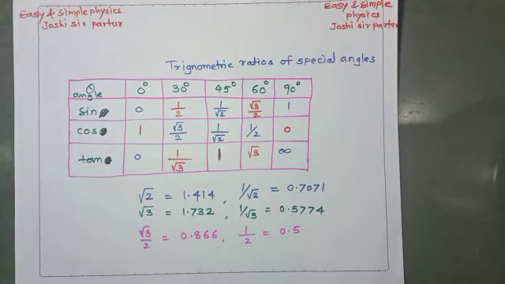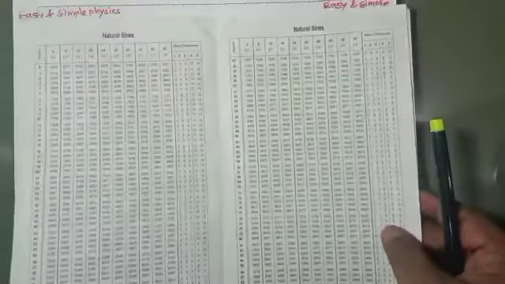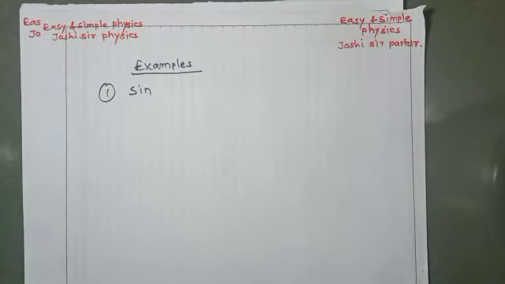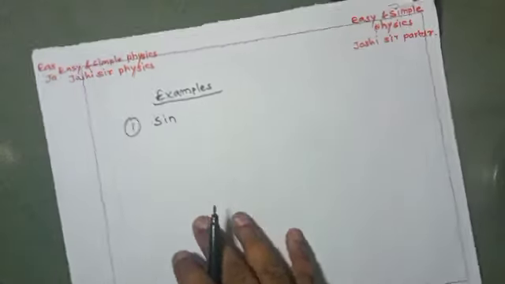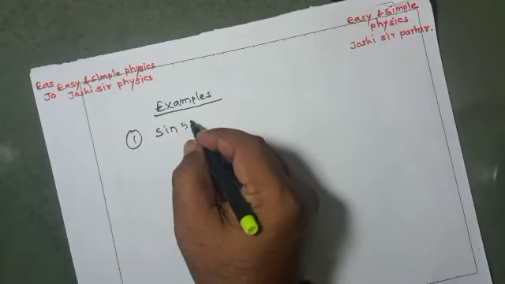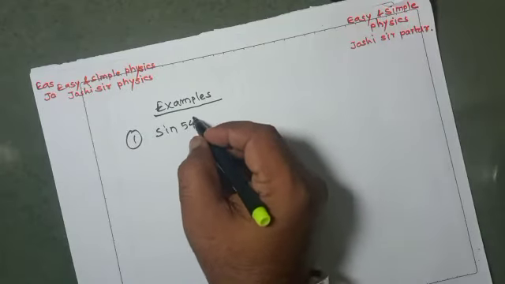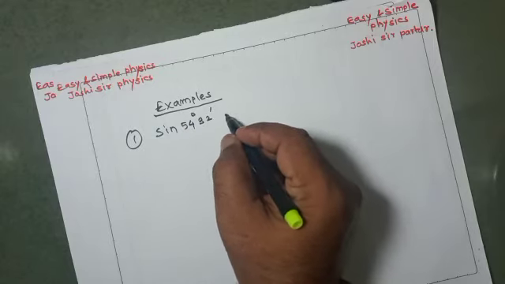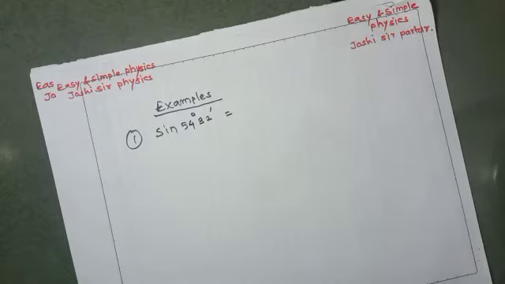Okay, so we can use the logarithm table to find the angles. See here, for example, if we want to find sine 54 degree 32 minutes, if the angle is given then we can find out its value.